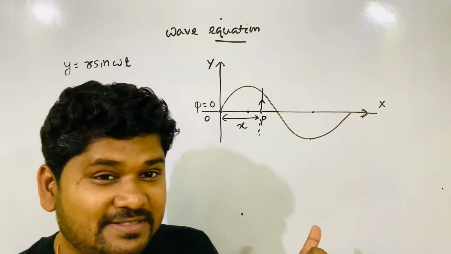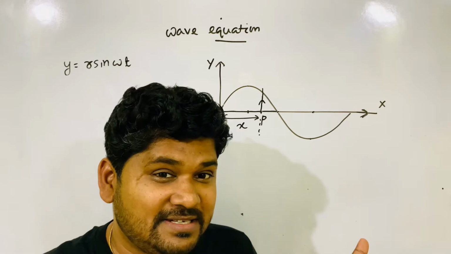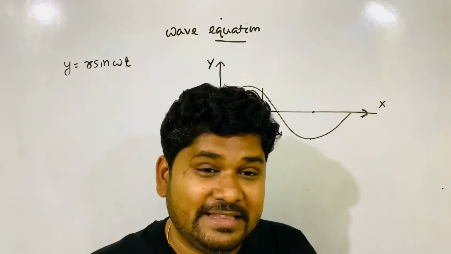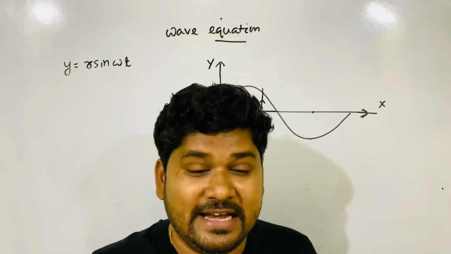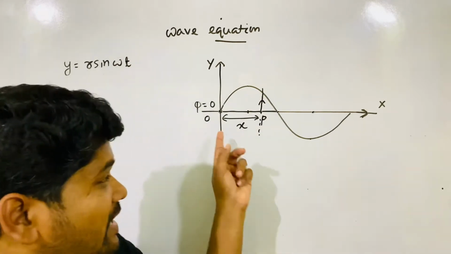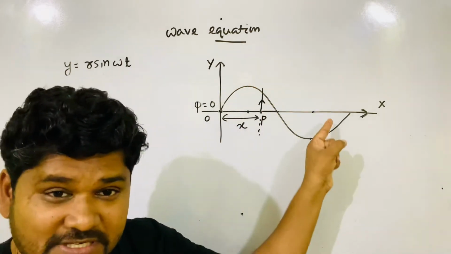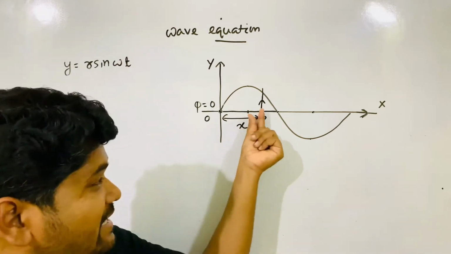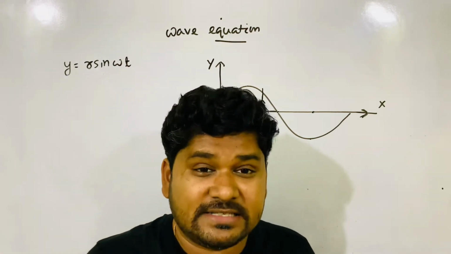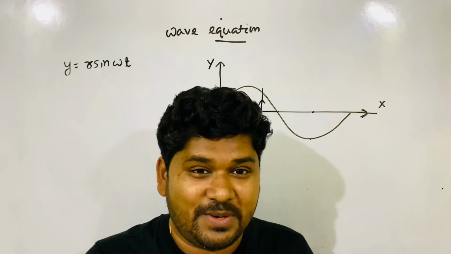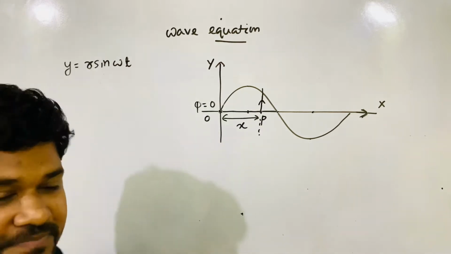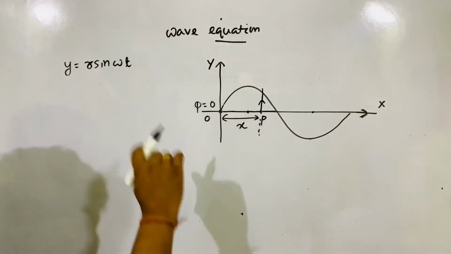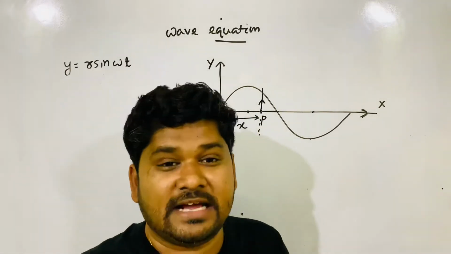When any particle oscillates later, then it lags in phase. I told you, one after the other. So oscillating late means it lags. P lags in phase. It is lagging O by some phase angle.